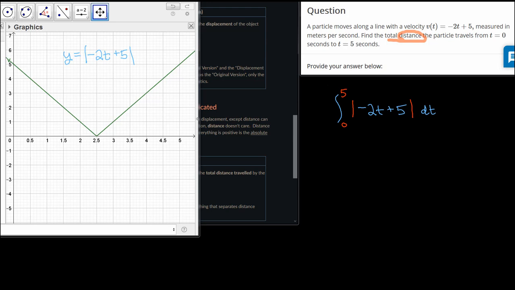The trick to doing this is to notice that when you're dealing with an absolute value function, there are basically two functions. If I look at this, I see two straight lines: the straight line that's highlighted in blue there, and this straight line that I've highlighted in red.